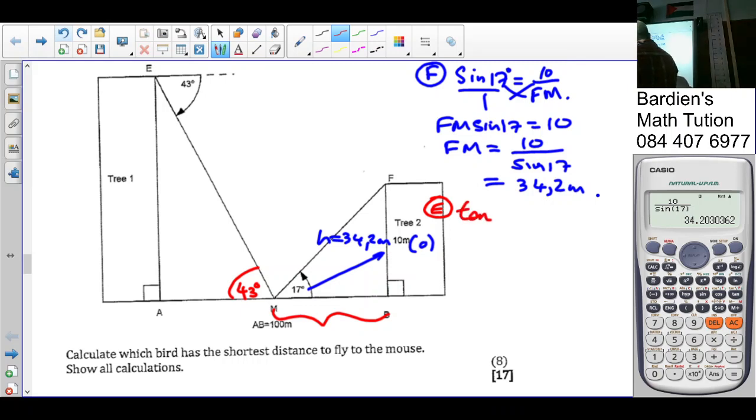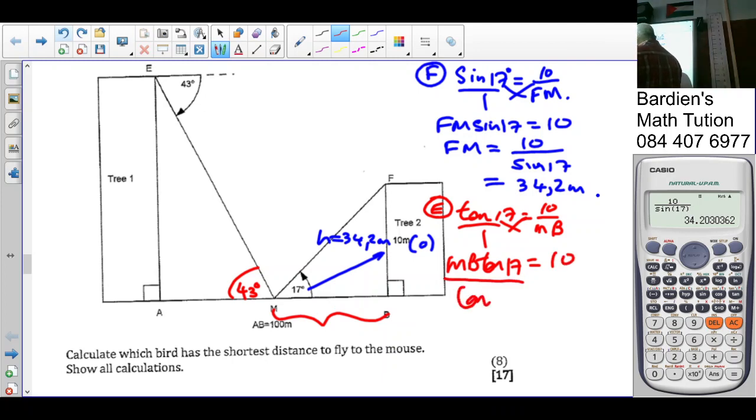So tan of 17 degrees equals 10 over MB. Naturally this is over 1, so I cross multiply. So MB tan 17 is equal to 10. Divide by tan 17 both sides.